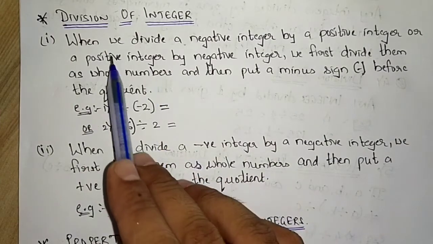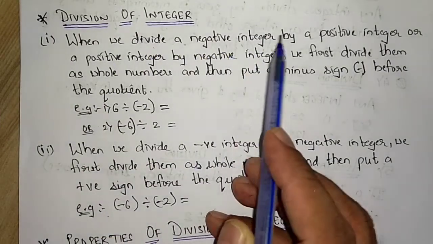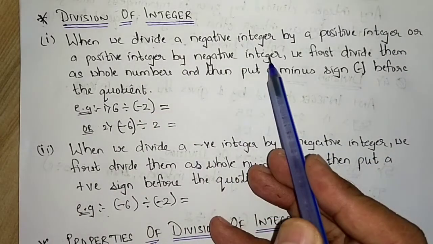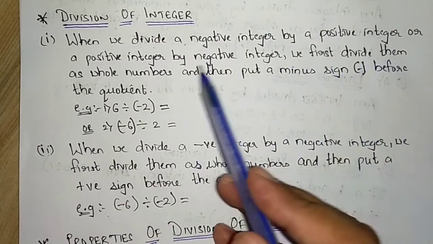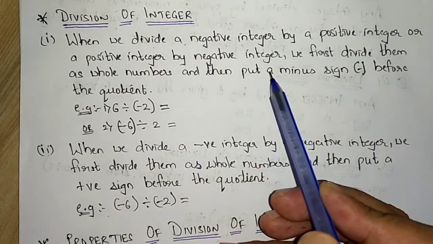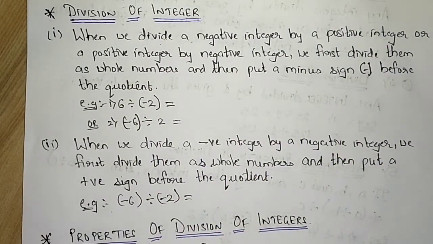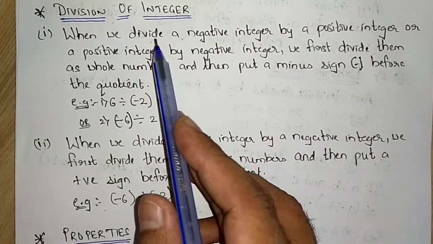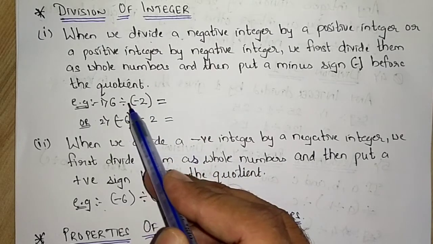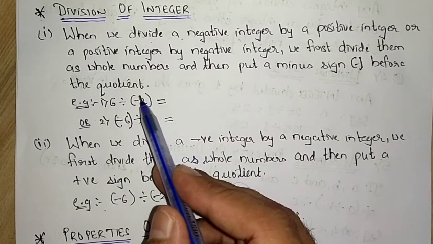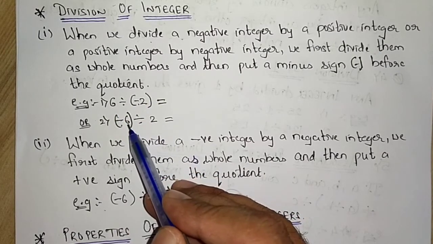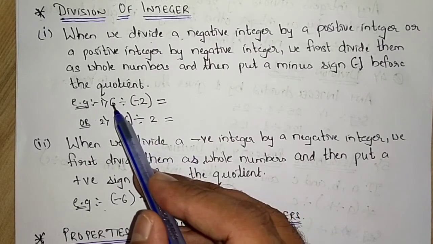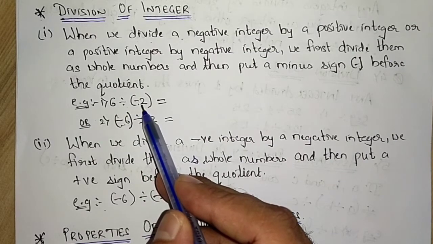First, when we divide a negative integer by a positive integer or a positive integer by a negative integer, we first divide them as whole numbers and then put a minus sign before the quotient. I will explain with an example.